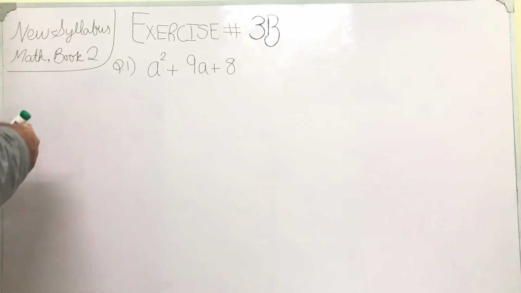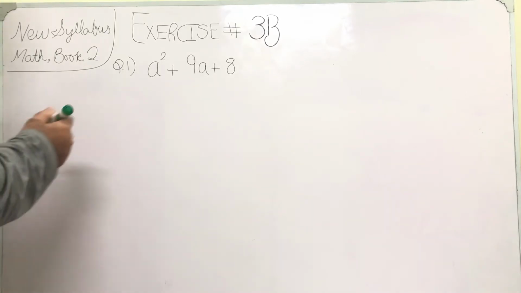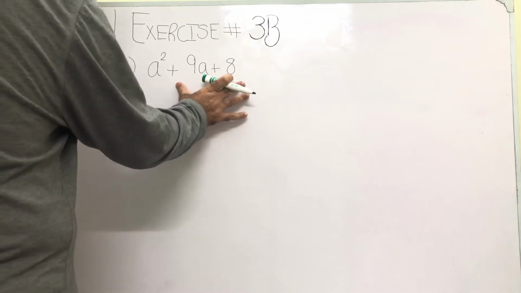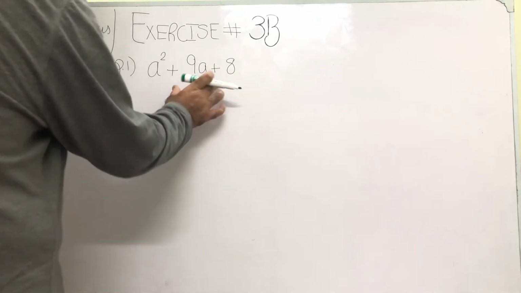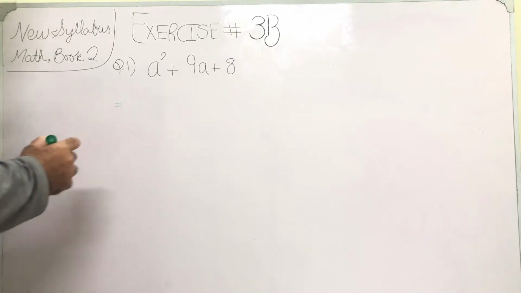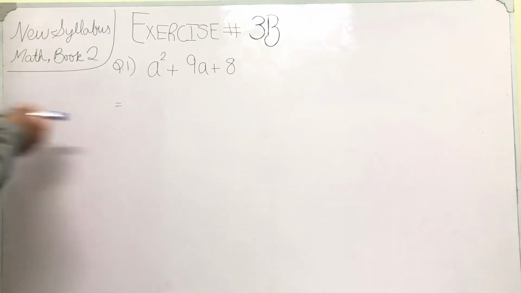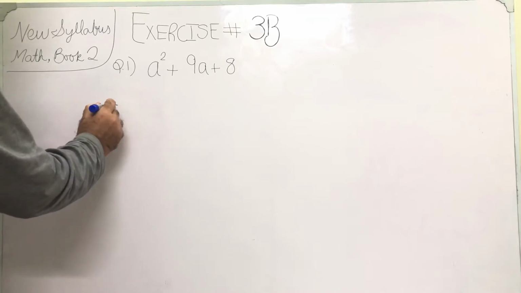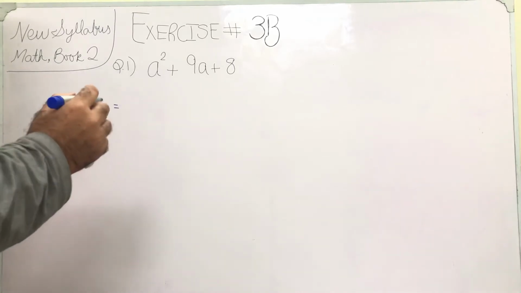So what to do is, always remember that if there is no equation, this is an expression, there is no equal sign, so when you start solving, in the beginning you can put an equal sign.